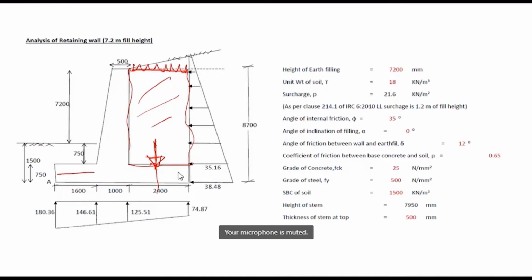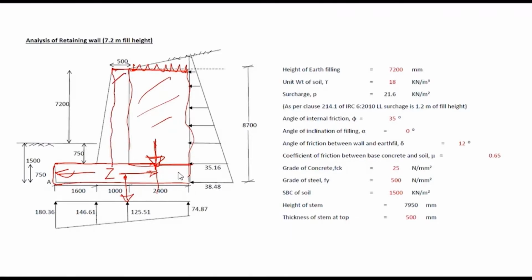So the lever arm will be this. For this base slab, the lever arm will be this at center. For this stem, we will divide it into two parts. This is one part, we will calculate the weight, and the lever arm will be this from here to here. And for this triangular part, the lever arm will be this distance.